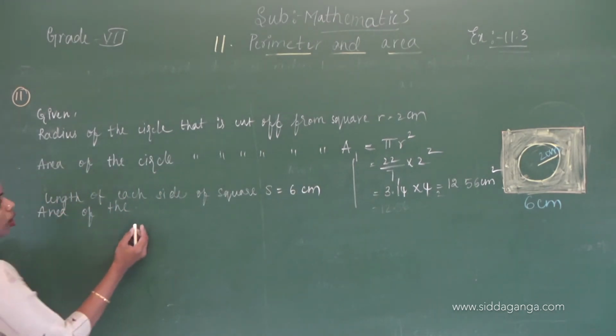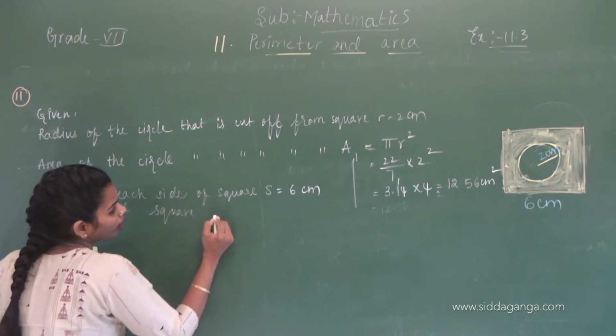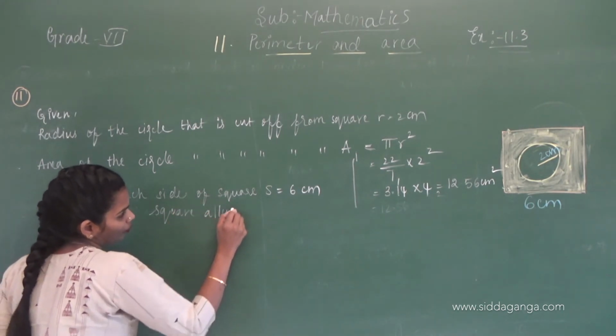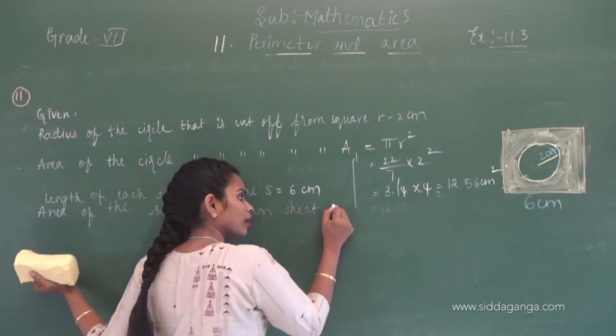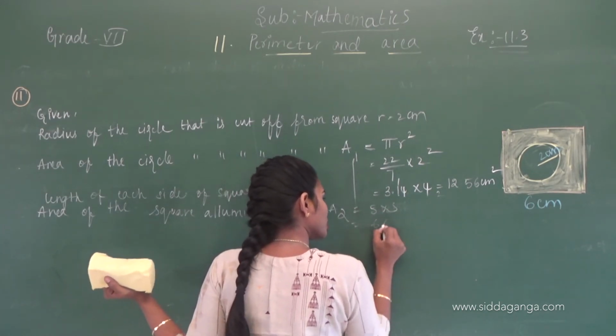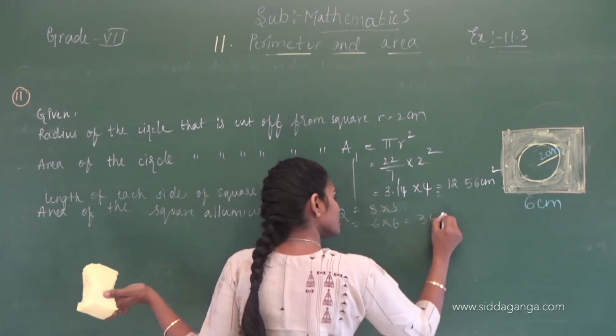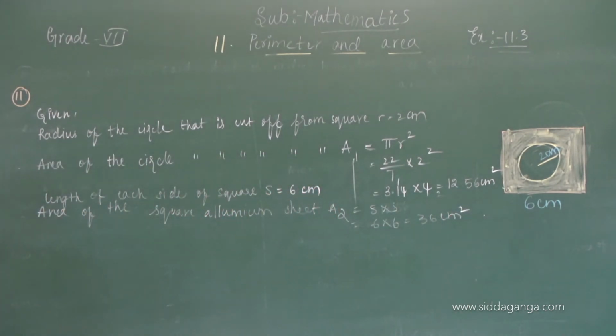Therefore, the area of the square aluminium sheet, A2 equals s into s, 6 into 6 equals 36 centimeter square.